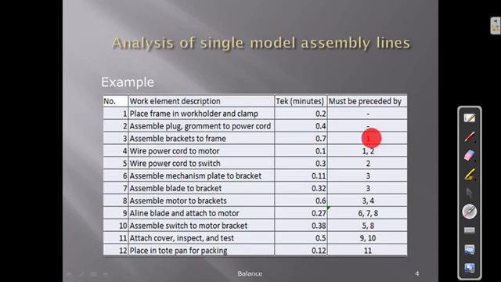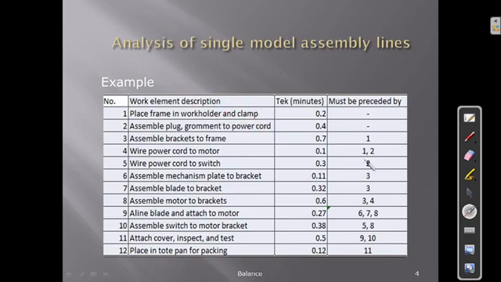It is preceded by 1, which means this activity will start only after work element 1 is finished. Likewise, wire power cord to motor is preceded by 1 and 2, which means it should start only after 1 and 2 are finished.